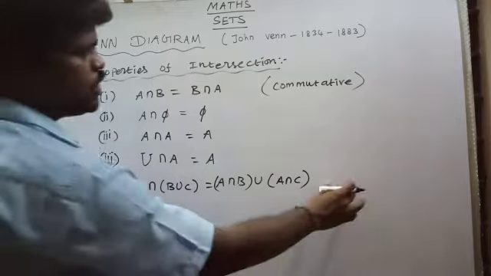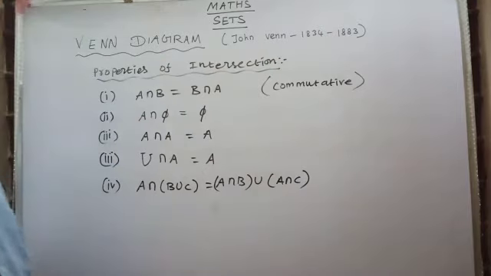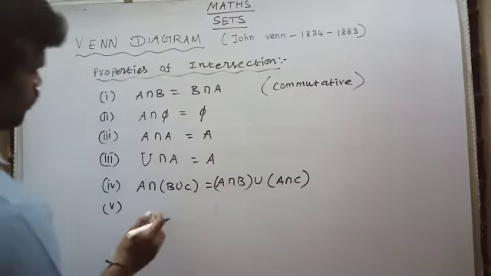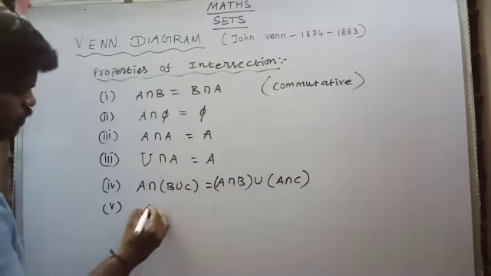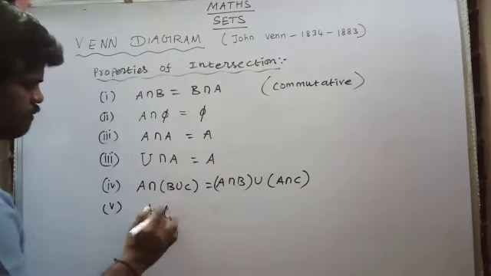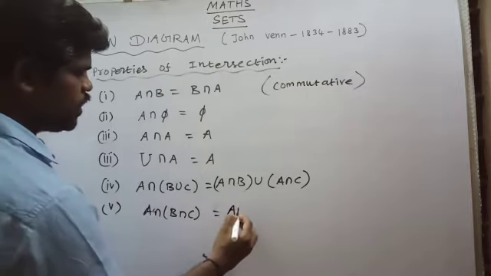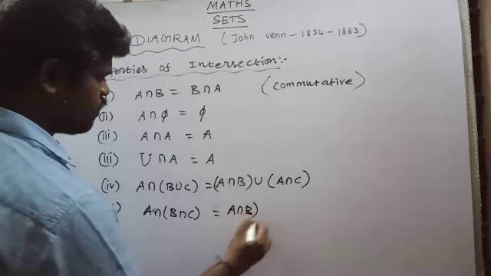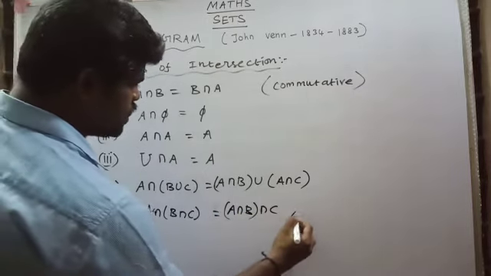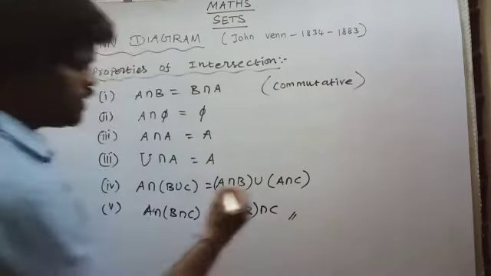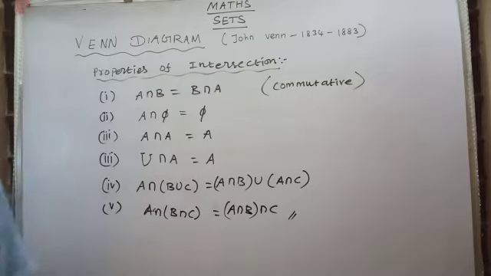This is the distributive property. Number 5, associative property: A intersection (B intersection C) is equal to (A intersection B) intersection C. This is the associative property, right.